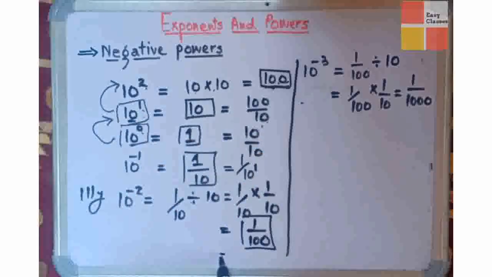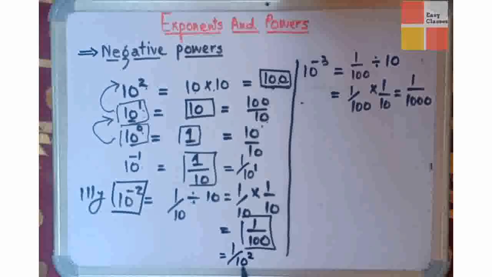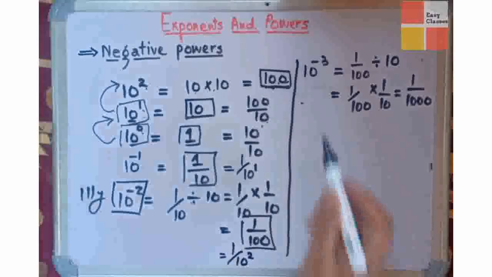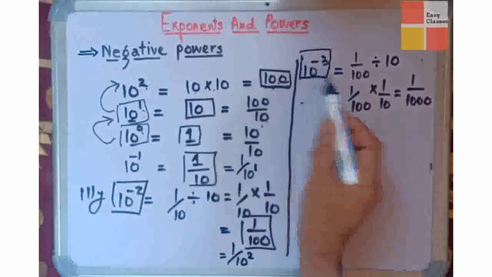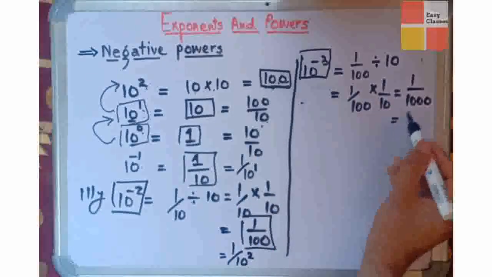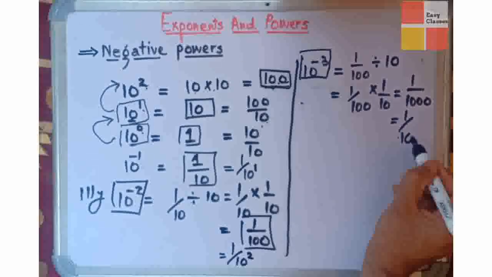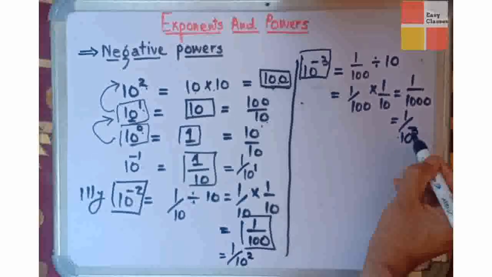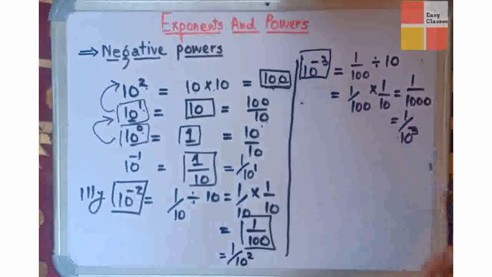We can put it like this: 1 divided by 10 raised to power 2. Okay, so we can say that 10 raised to power minus 2 is equal to 1 divided by 10 raised to power 2. Similarly, 10 raised to power minus 3 is equal to 1 divided by 1000, that is 1 divided by 10 raised to power 3.